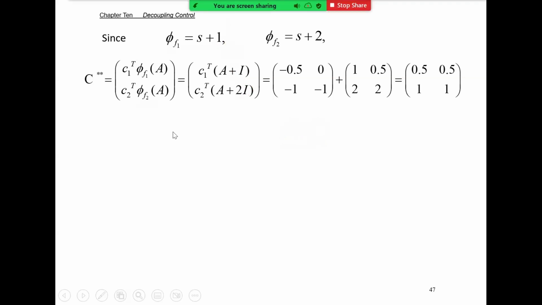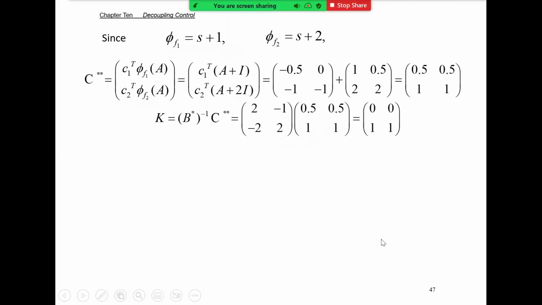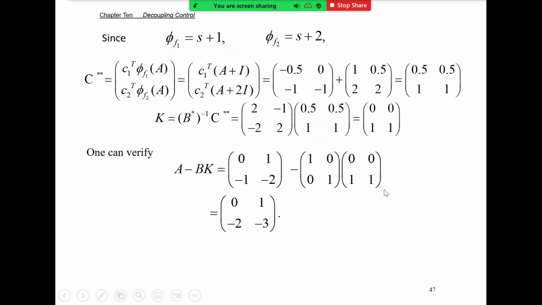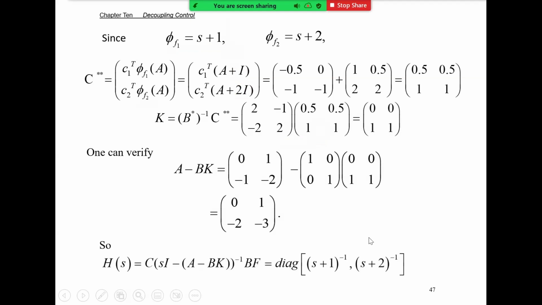All right, so once you do this, then you can compute your K, you can compute your F. You can verify this is A minus BK. And then you can get your transfer function, you can verify that.